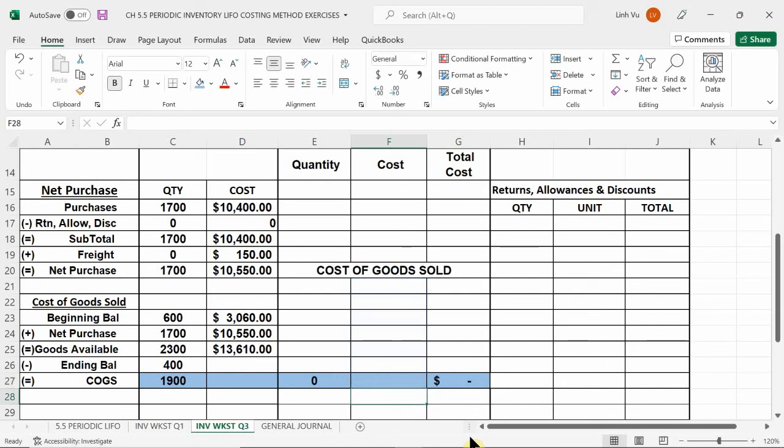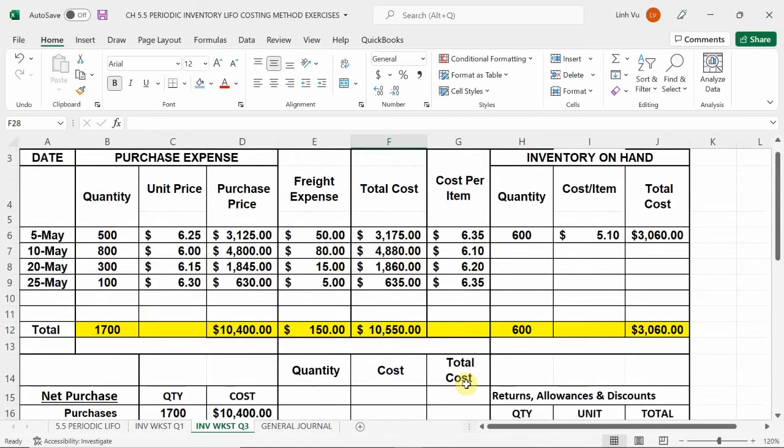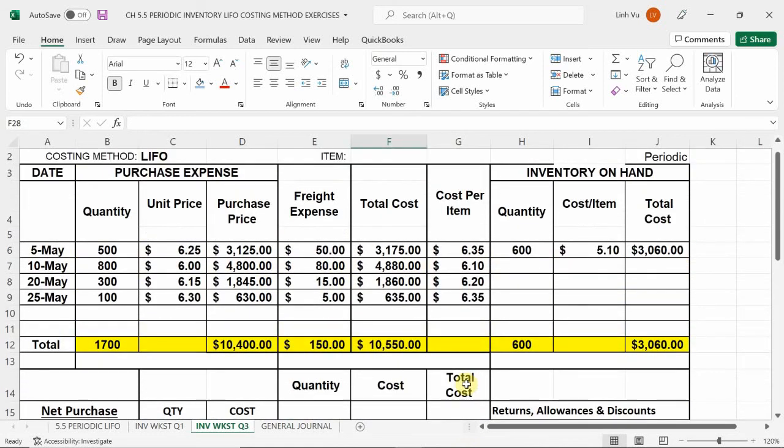Unless we sell out everything, the 400 ending balance always has to come from the oldest batches, isn't it? Correct. In this specific case, because you're using LIFO, it gives you an idea of how many batches we sold and which batches we have left. Again, you can see it however you'd like.